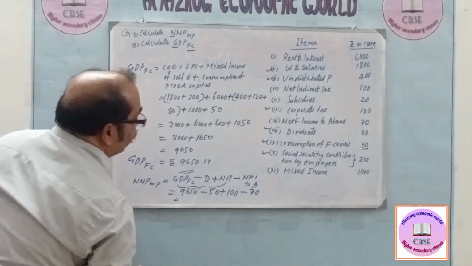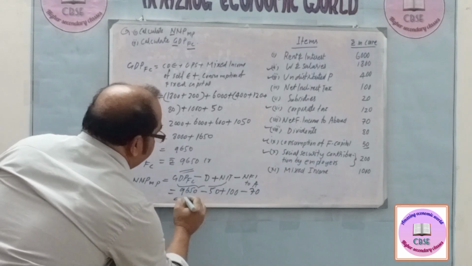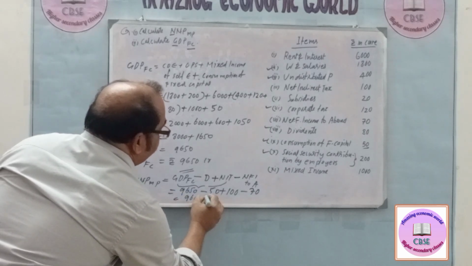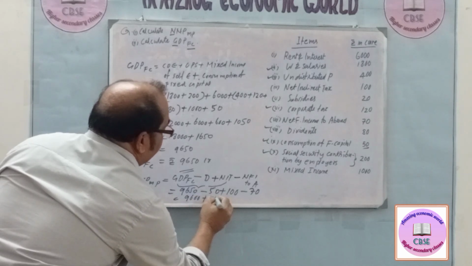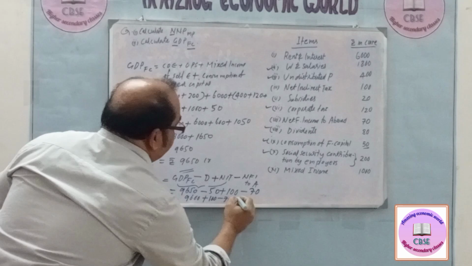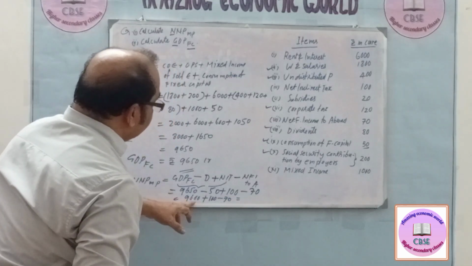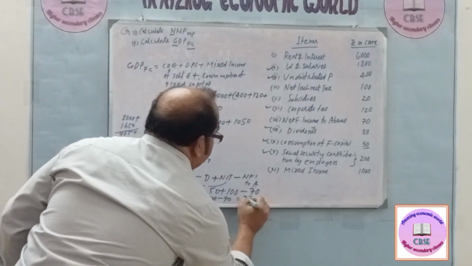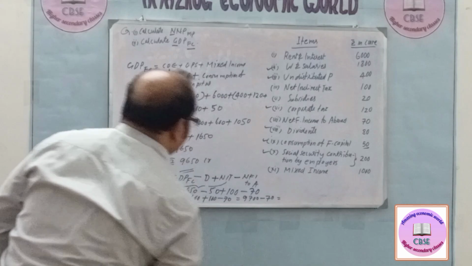Now deduct this. 9,650 minus 50, 9,600, plus 100, minus 70. If you add 9,600 plus 100, you will get 9,700, minus 70.